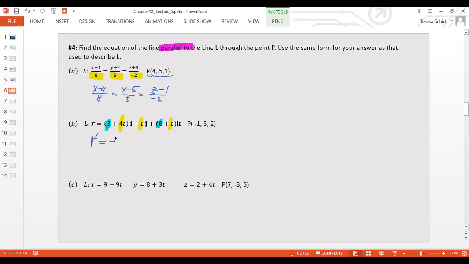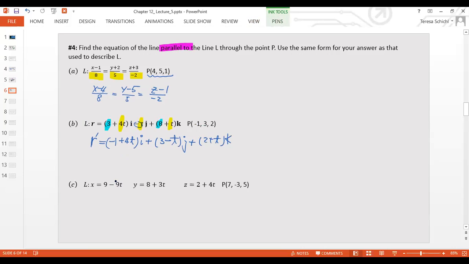We replace, so it's -1 plus 14t i, right? Now what is the second one here? It's 3, but I have a minus t here, minus t j. And the third one we replace with 2 plus t k. So it's pretty straightforward.